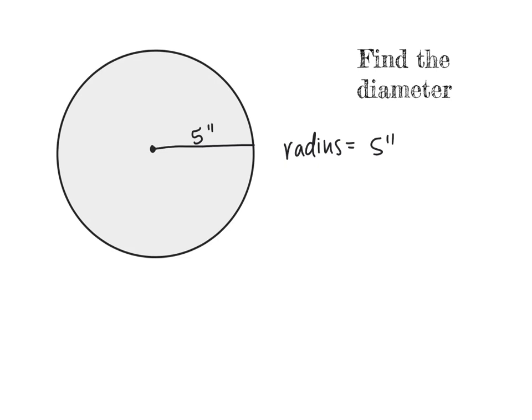So what is the distance from one edge to the other edge of my circle? So remember, the diameter is double the radius. So 2 times what my radius is, which is going to equal 10. So my diameter here is 10 inches. Remember that the diameter is double the radius.